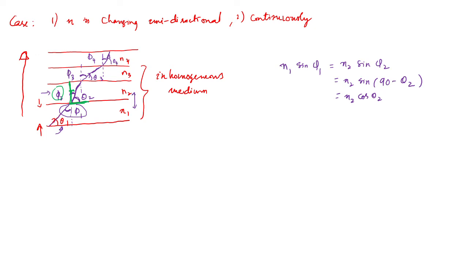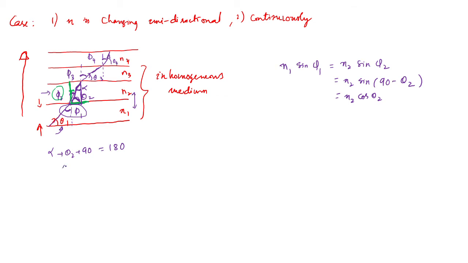You can carry on the same thing for the next one. If I take this triangle now, this would be my angle of incidence. Let's call this alpha for now. Alpha plus theta 2 plus 90 degrees is 180 degrees in the triangle.